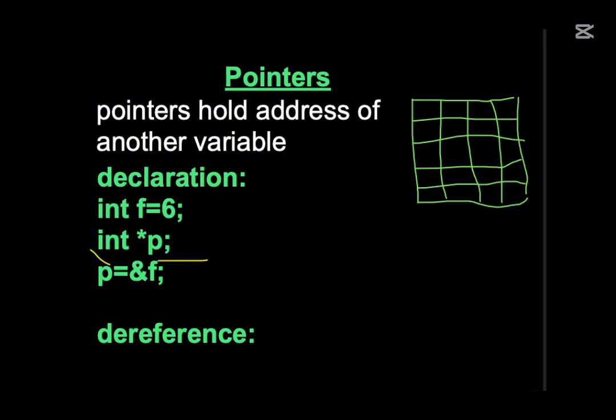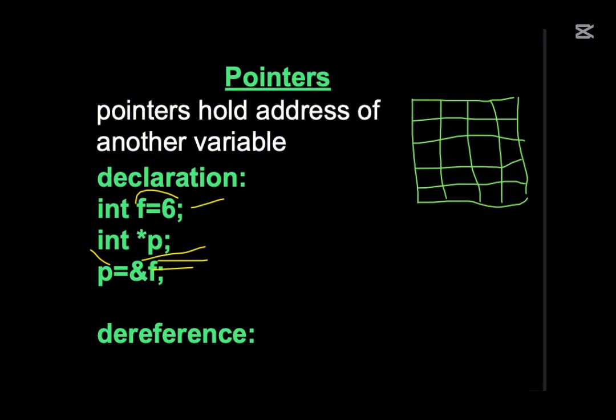First of all, I need to declare this variable f, which is now equal to 6, and this ampersand means the address. Then p holds the address, and f is the name of the variable whose address we're trying to hold.